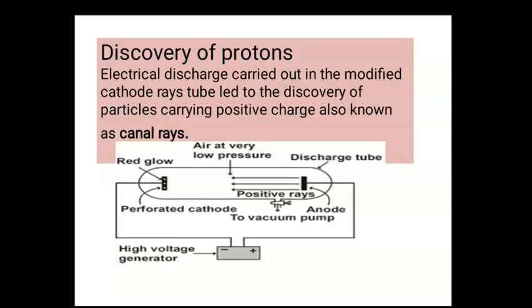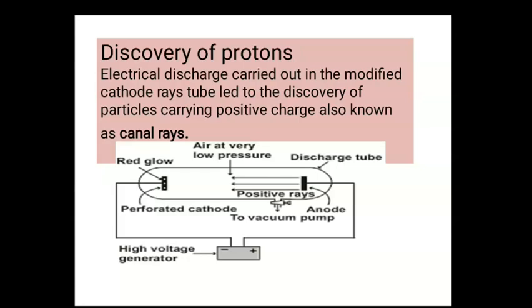Now this M positive is a positively charged particle, and a group of such positively charged particles is just the anode rays. So one electron strikes a gaseous atom to form a gaseous ion, and in this way all the electrons strike the gaseous particles and convert them into gaseous ions.